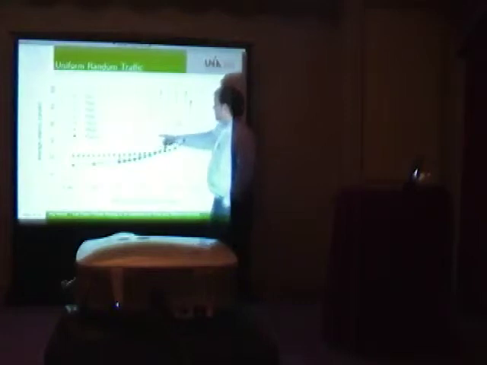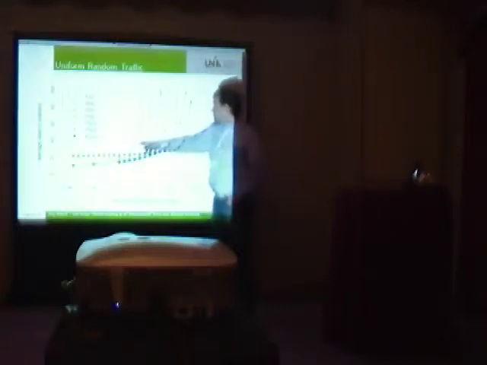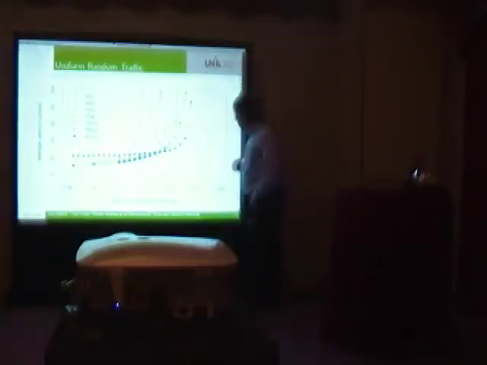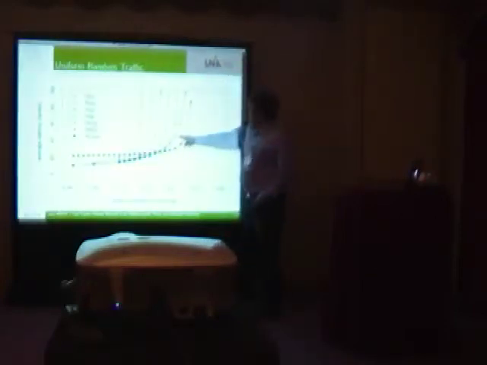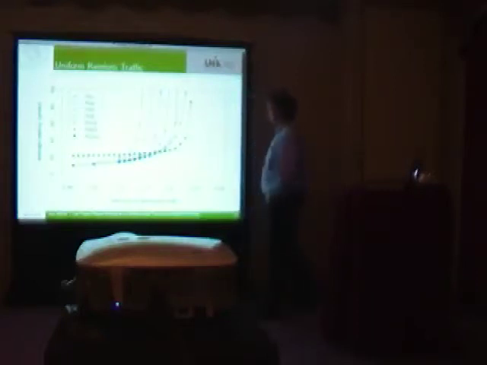And as you can see, when you increase the size of the buffer, you can increase the throughput. But this is the maximum. If you increase it more, you don't get any more. So it's slightly worse than this conventional router.